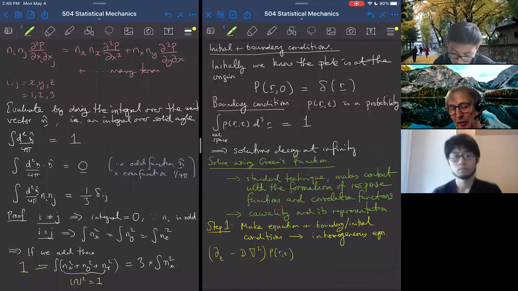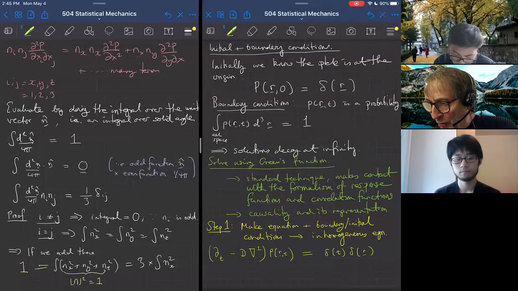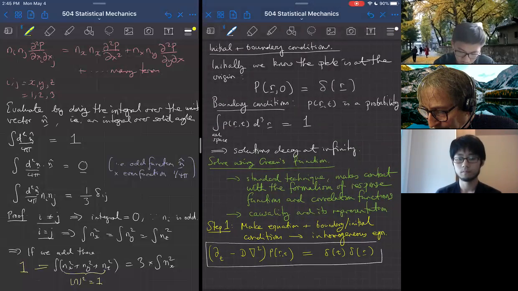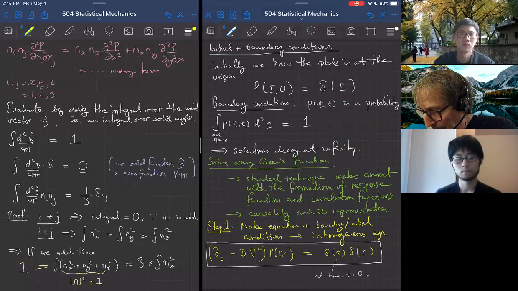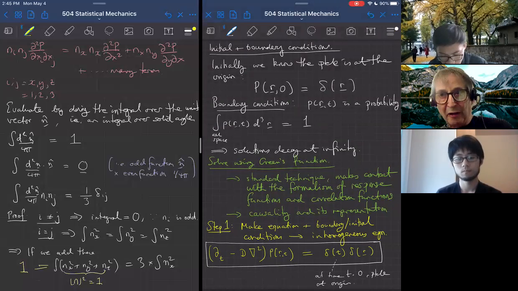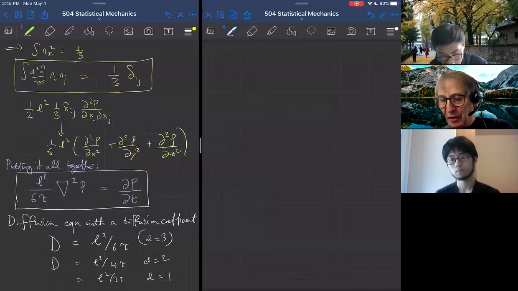So here is our differential equation, which should equal 0, but at time equals 0, so that's delta of t, is equal to a delta function at the origin, so delta of r. So this equation is the equation that includes now the initial condition. This simply says over here that at time t equals 0, the particle was at the origin. So let's see if this is indeed doing the correct thing.